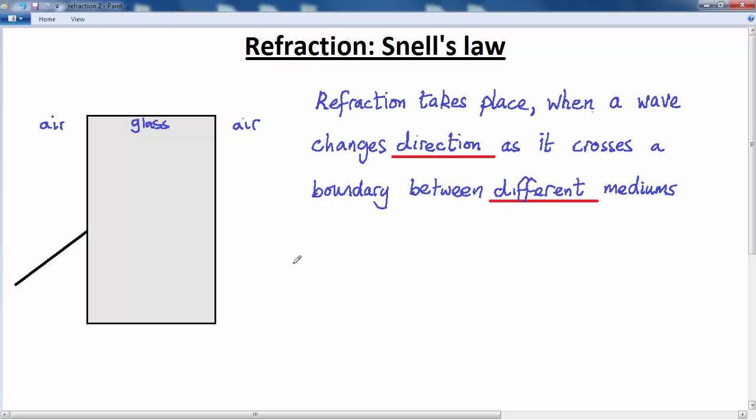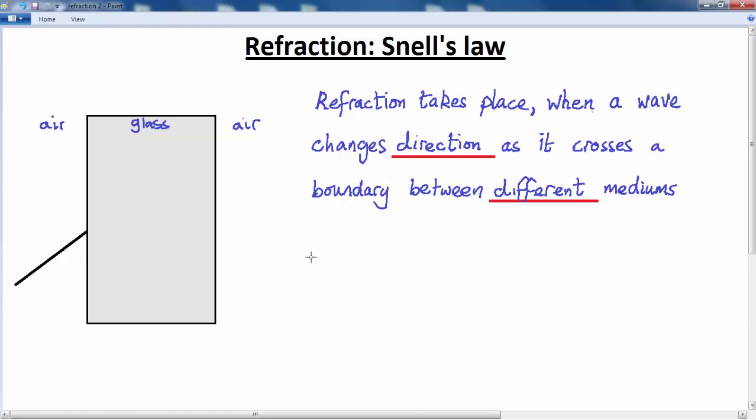Now this changing of direction or refraction will only take place if the ray is incident on the boundary at an oblique angle. It won't take place, for example, if the ray hits the glass block head on like that. So it has to be at an oblique angle.